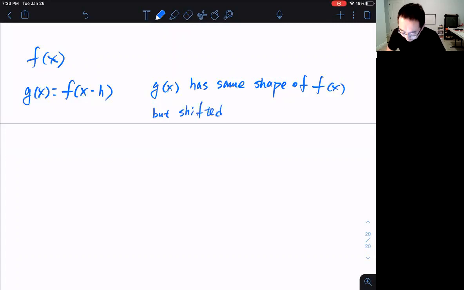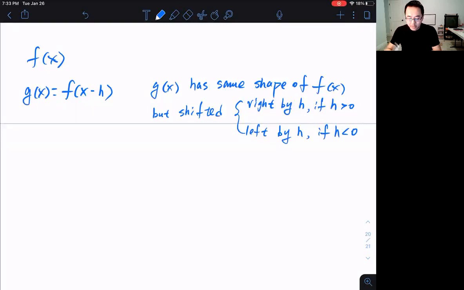Okay, let's say right by h if h is greater than 0, or it'll be shifted left by h units if h is less than 0. Okay, so when you have g of x and f of x with this relationship, g of x is the same thing, just shifted horizontally left or right.